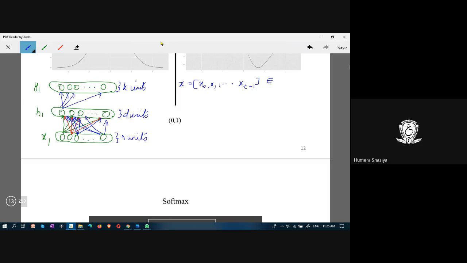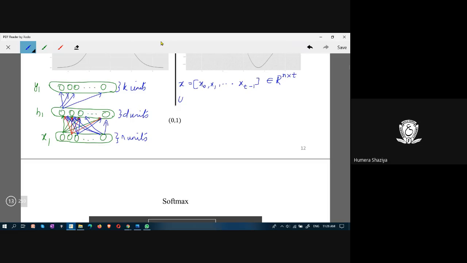And what are the dimensions of this? N by t. There are n units and total t, so n by t values.